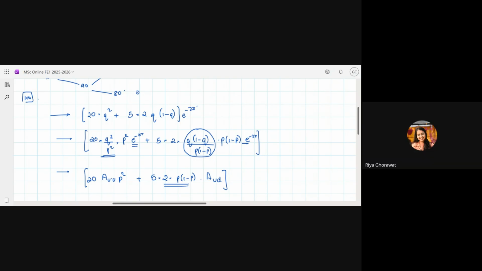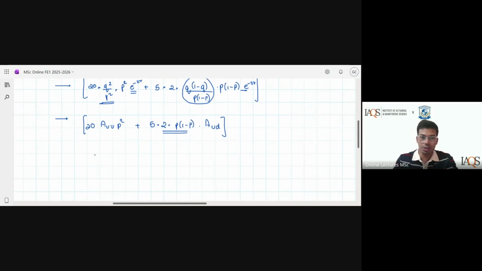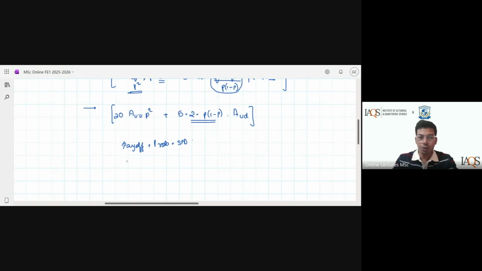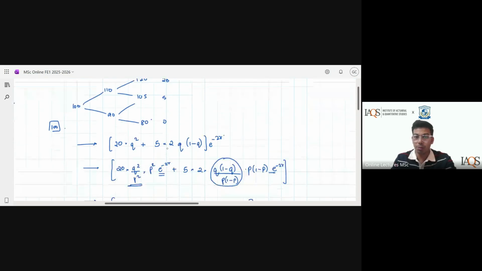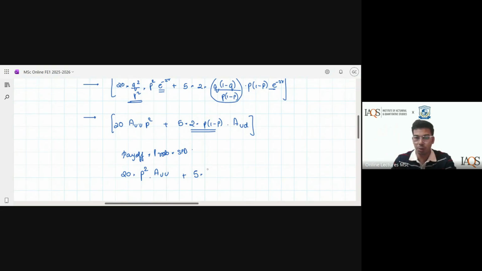Yes. So essentially the way you create equations is payoff into probability into state price deflator. For the first one, it's all up moves, so payoff is 20. For all up moves, your real world probability will be P square and the state price deflator will be AUU, plus payoff into probability of the second outcome, which is nCx, but now with real world probability.